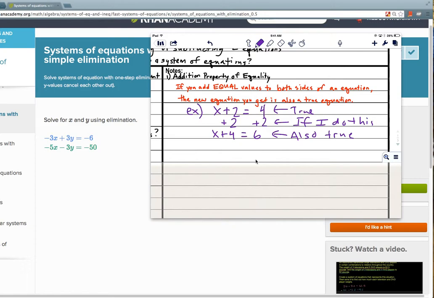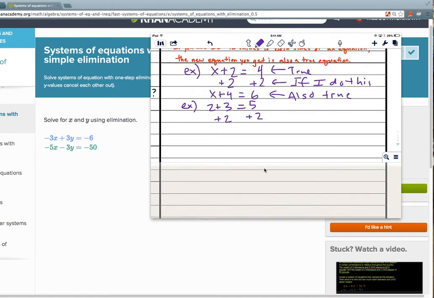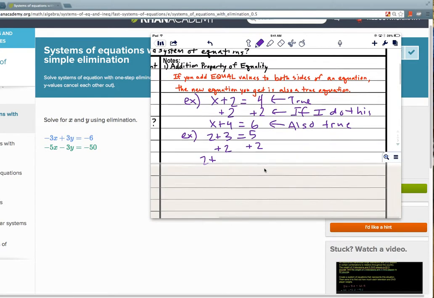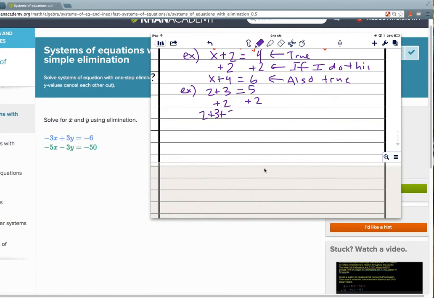You can see maybe a more straightforward example if we don't use any variables, so I'll give you a second example here. If I have 2 plus 3 equals 5, if I add 2 to both sides of this equation, I'll get 2 plus 3 plus 2 equals 5 plus 2.